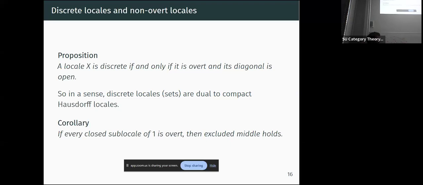So we know that it must fail to be overt. So we know that there must be closed sublocales of 1 that aren't overt if we know that excluded middle fails. And if we're taking our neutral point of view, because classically everything's overt, we can't actually exhibit something which is not overt. But in a particular model, this will be a way that you can often find something which isn't overt.